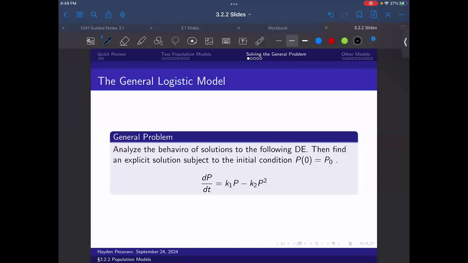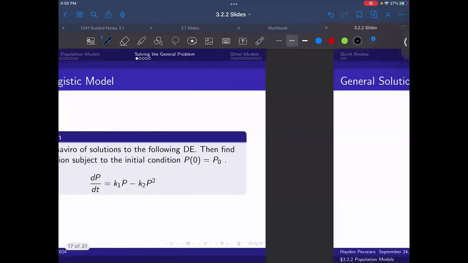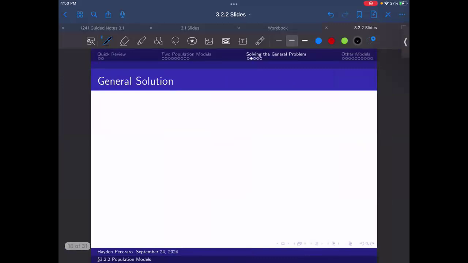Okay. In general, you want to analyze the behavior of solutions to the following DE. So you have the same differential equation, I just haven't put numbers in for the parameters or the initial conditions. And that gives us, well, what I solved a second ago.